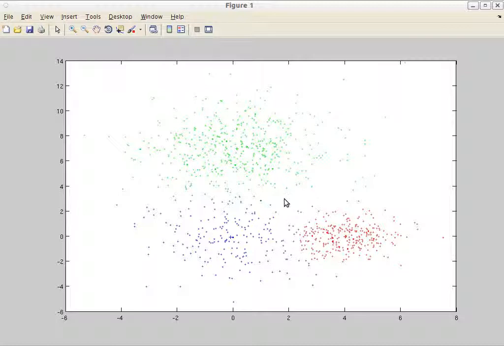instead of assigning a fraction to each distribution for each data point, it will only assign to a particular distribution. It will either say it should be red or green or blue. So instead of a soft decision, we have a hard decision for each data point.